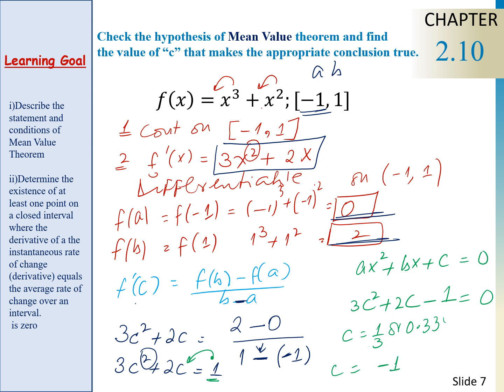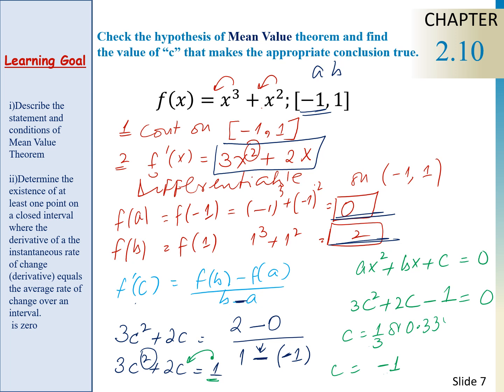Okay. Now both answers seem to be correct, but remember we have to study the graph within negative 1 to 1, and you are not supposed to make your tangent line at the edge of the graph.